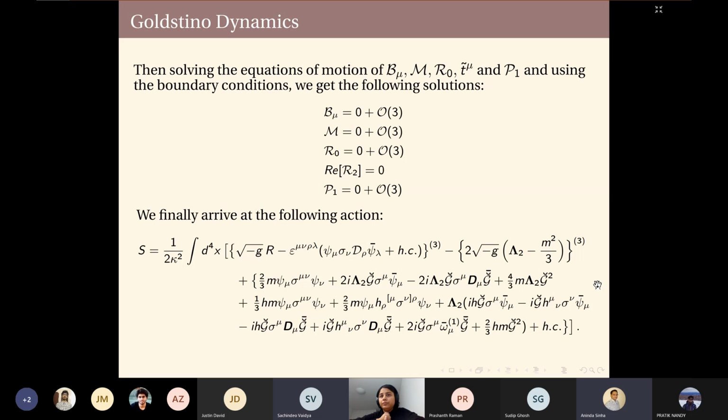So you will generically have ghosts. Can't escape ghosts generally if you have higher derivative terms, unless there is some miraculous cancellation, which is not obvious. Or you think of them in an effective field theory sense in which you say that this theory is only valid up to a particular scale, and the ghost excitation is beyond that scale. That is one way of avoiding contradictions.